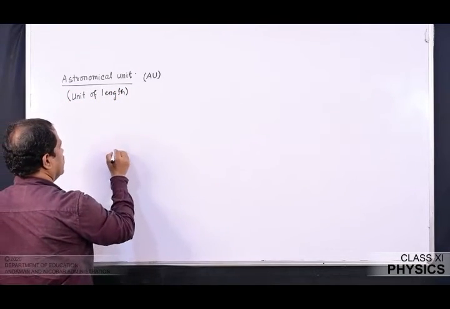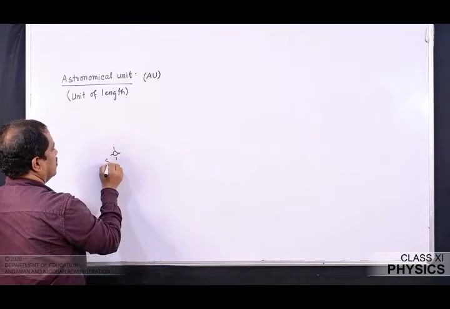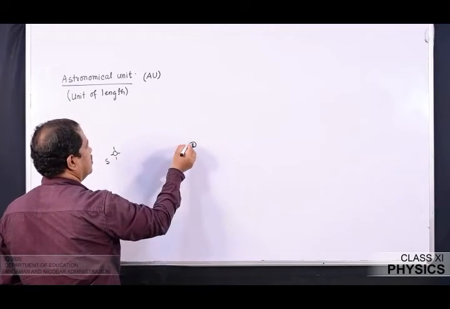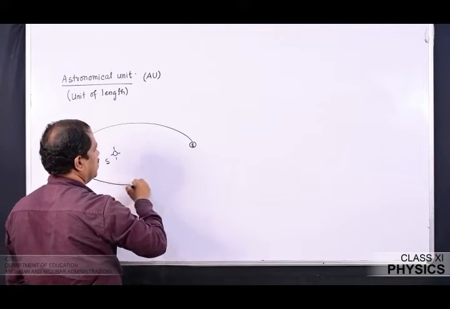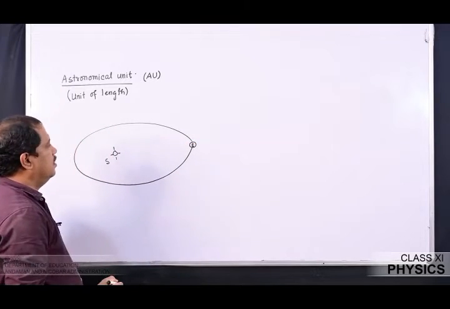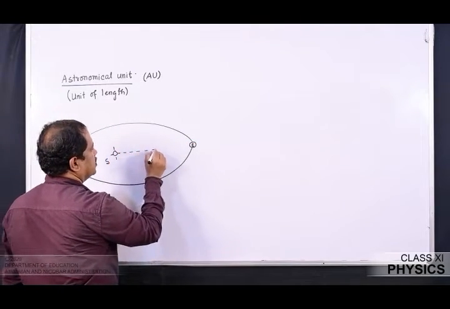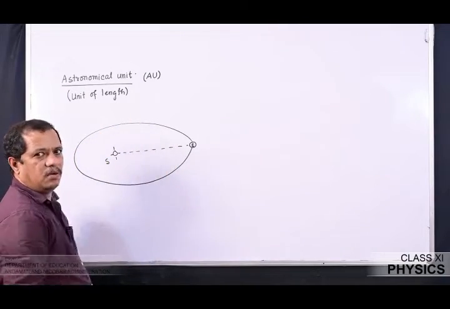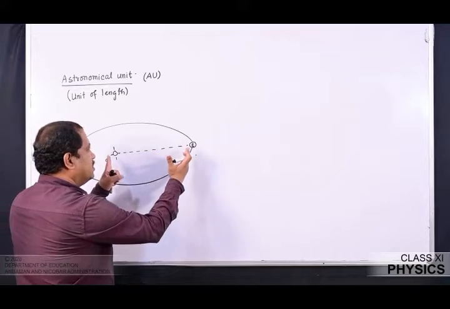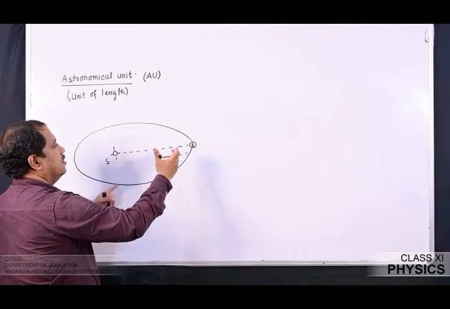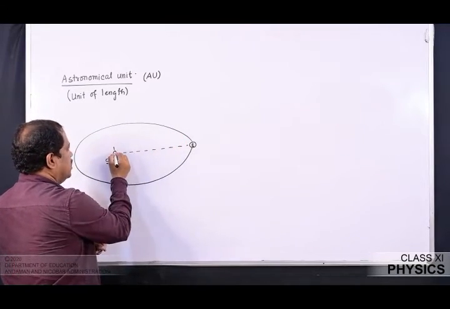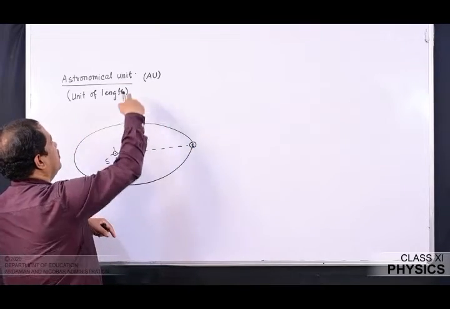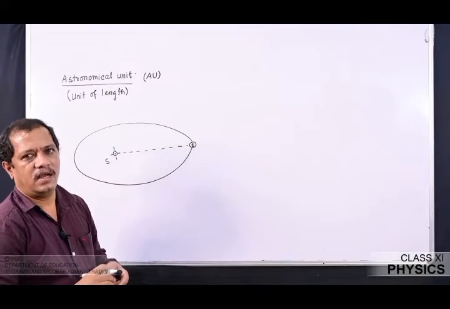Let us say this is the sun, and this is the earth. We know that the earth revolves around the sun in an elliptical orbit, and that the distance between earth and sun keeps on changing. But when I say the average distance between earth and sun, from the center of the sun to the center of the earth, that average distance I am going to call 1 astronomical unit.